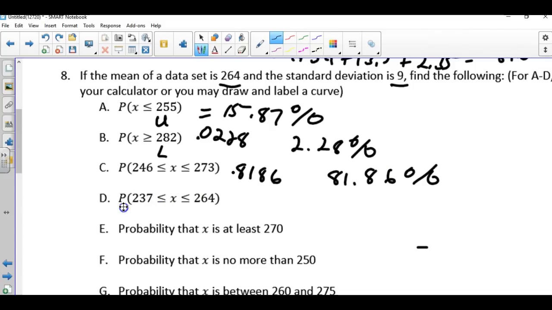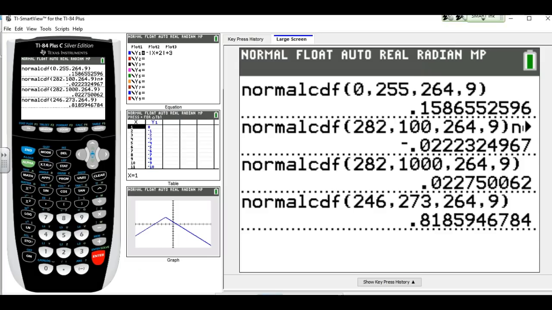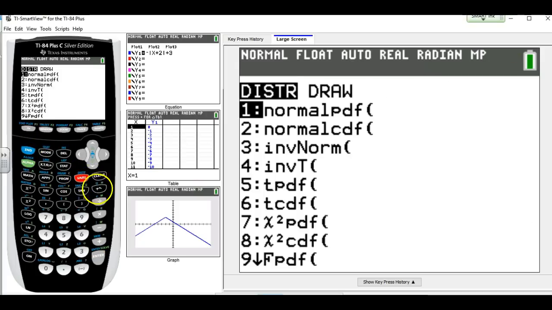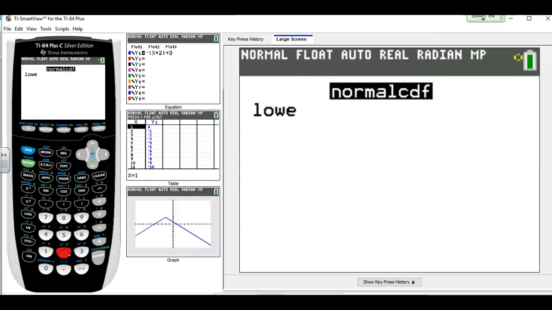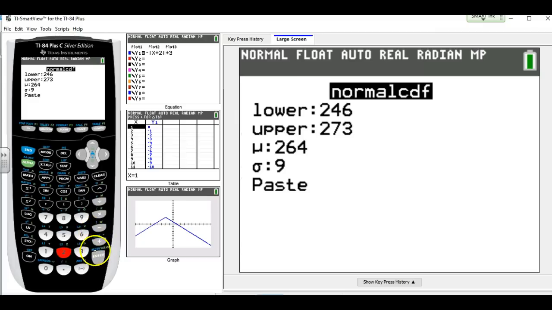Next, again, our boundaries are set for us, 237 and 264. So back over here one more time. Normal CDF. We got 237 to 264, and all that's the same.